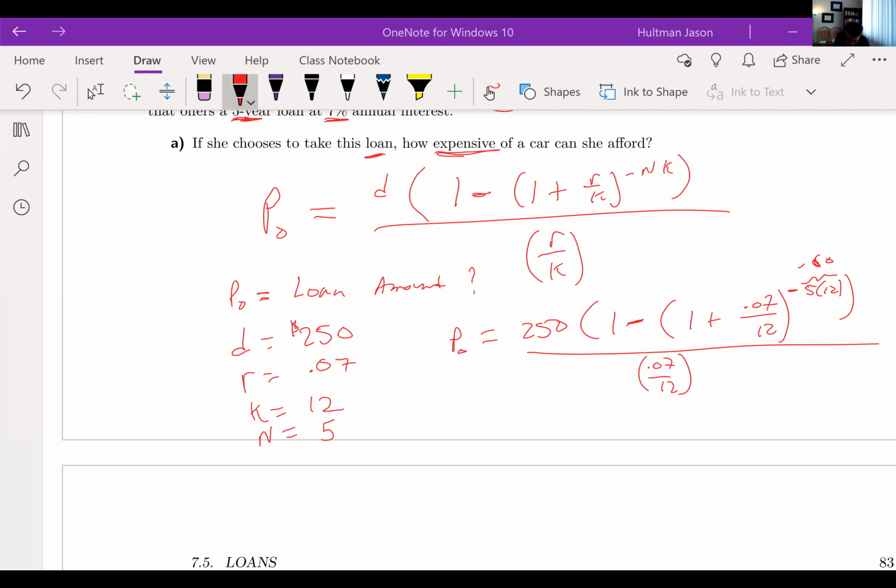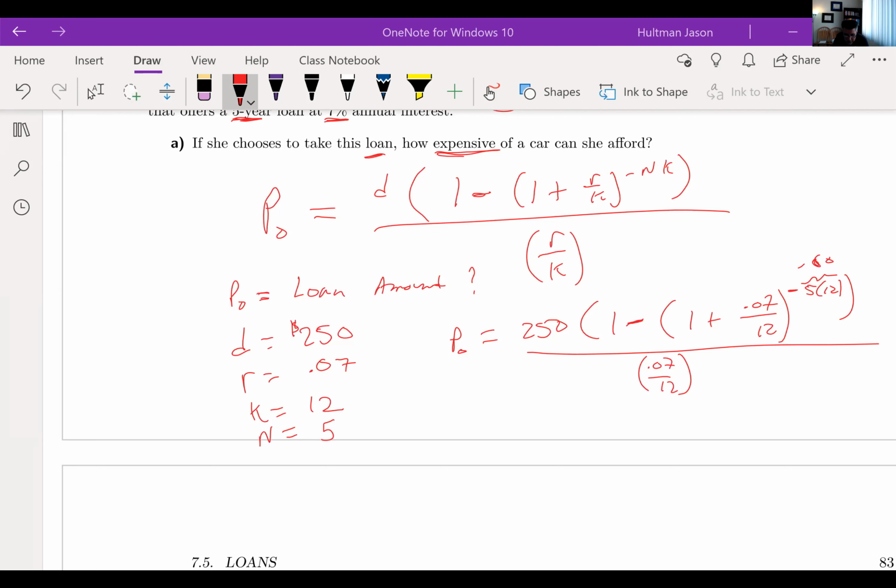So I'm going to go 60 negative. Okay, and then I'm going to close the second parenthesis.